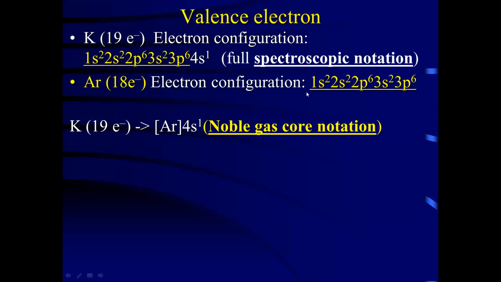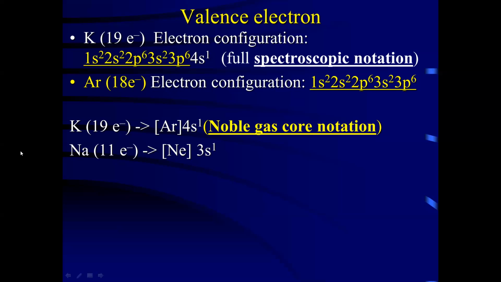So in order to save time and energy, we can use a bracket and argon to replace this part. So when people see this, they will say, oh, you have argon here. That means you have all of this, plus these ones come from here. So this is called noble gas core notation. It's much shorter, right?